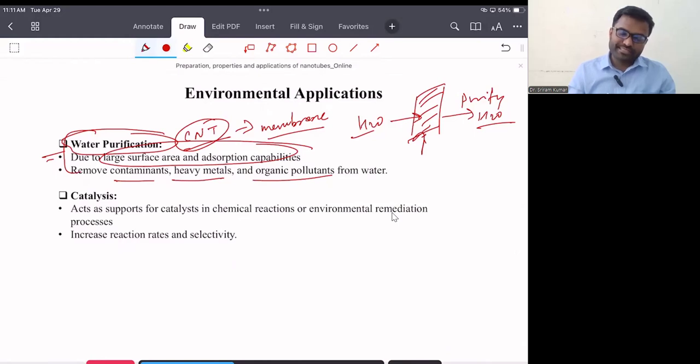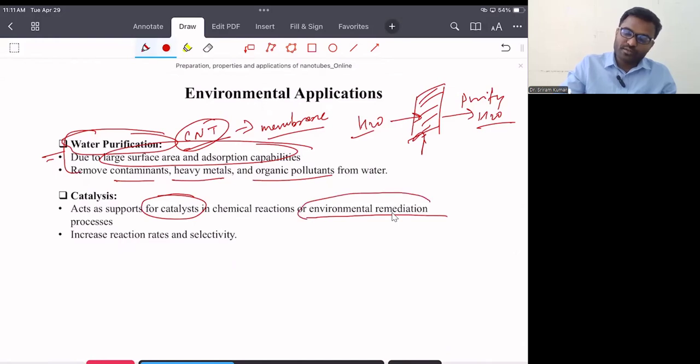The second important application of CNT in environmental application is that we can develop a catalyst based on CNT composite materials for the environmental remediation process. If something is there in the environment and you want to remove that contaminant, maybe from the air, maybe the water, that is this kind of environmental remediation process.